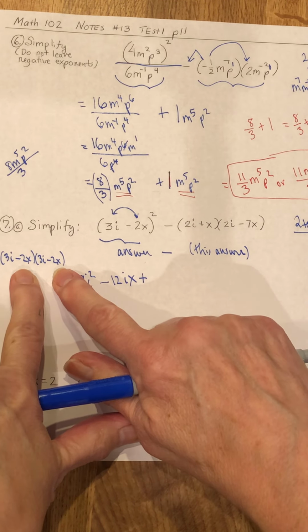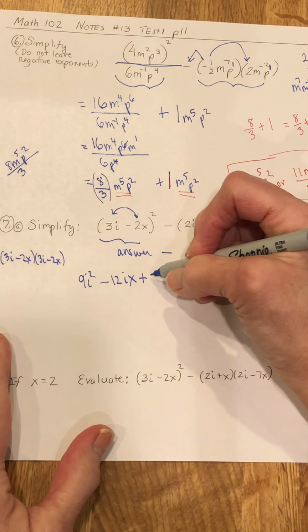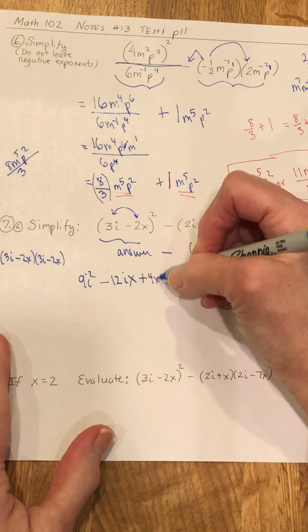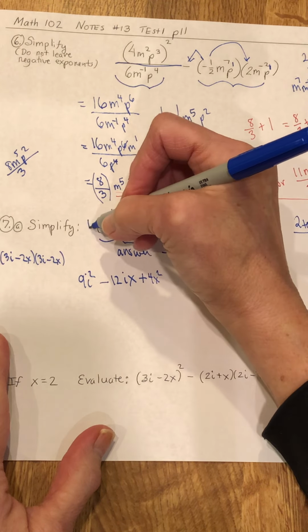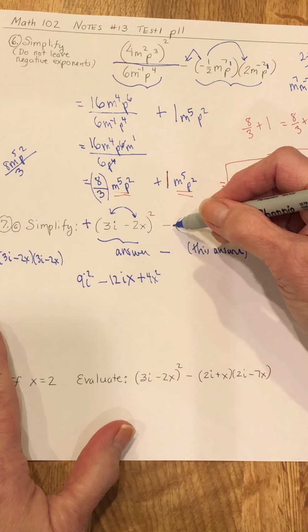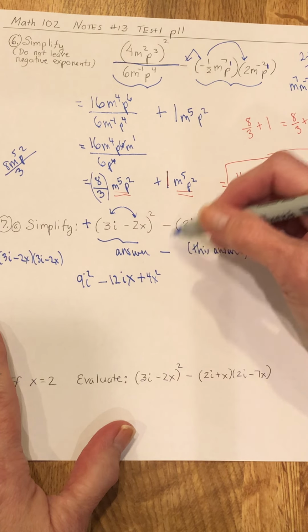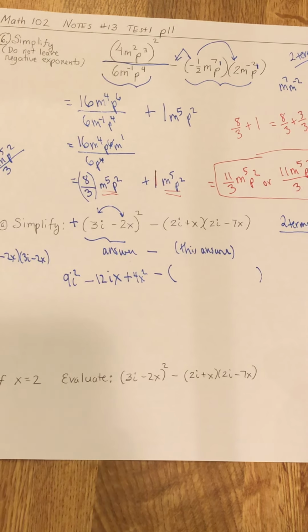If you FOIL it, last times the last is negative times the negative. So that's plus, don't forget to square the 2, 4x squared. Now, you do not have to have parentheses around here because there's an invisible plus sign. If you want to have parentheses around it, you can, but you don't have to. However, here, subtraction is not commutative, so you better have your answer in parentheses.